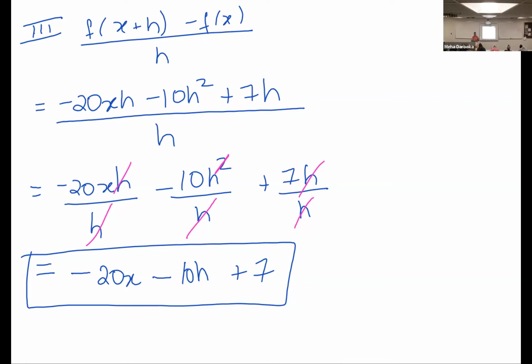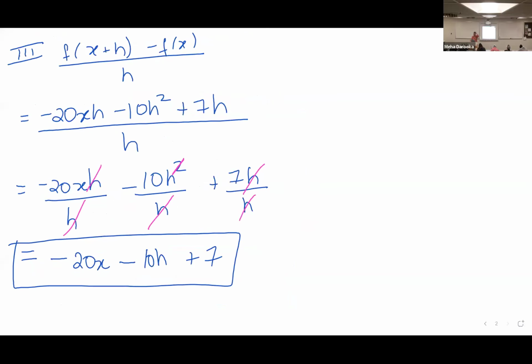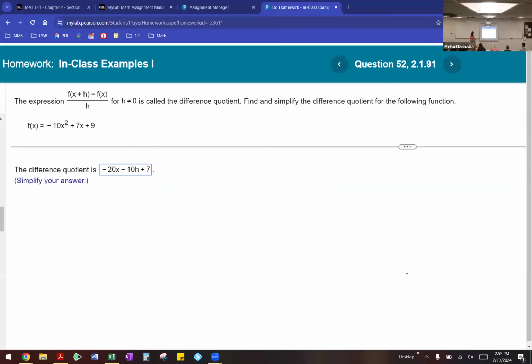But before we go back to the MyMathLab screen, questions on this example, these 3 steps. Be patient. Don't try to rush through this because, if you rush through and you make an error, then that's obviously when you get in trouble. All right. Let's go back to MyMathLab.